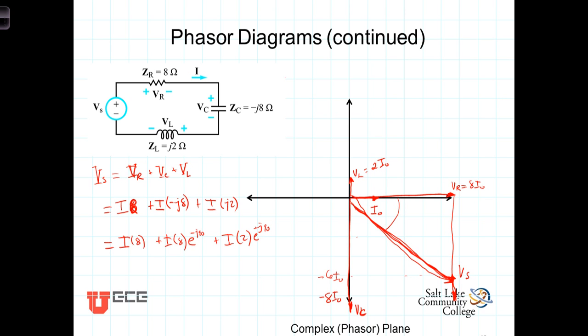Again, this doesn't give us a real accurate answer, but it does give us some feel for the phases of each of these voltages relative to the current and relative to the source.